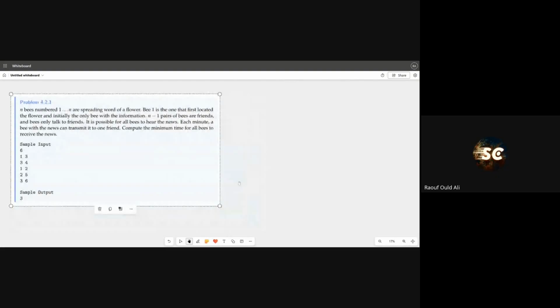So we have n bees. You know what's a bee? It's a kind of insect, the one that produces honey. Anyway, so bee 1 is located on a flower, and has some information. So bee 1 possesses some kind of information.